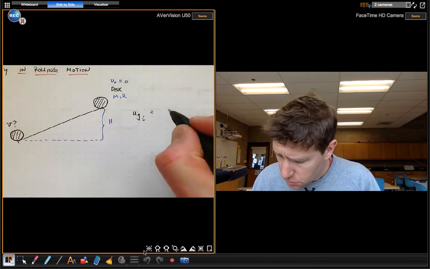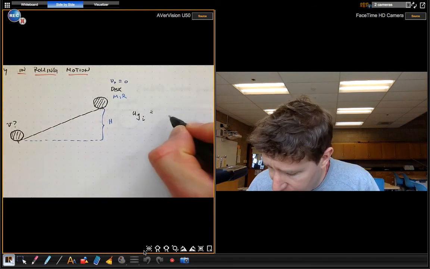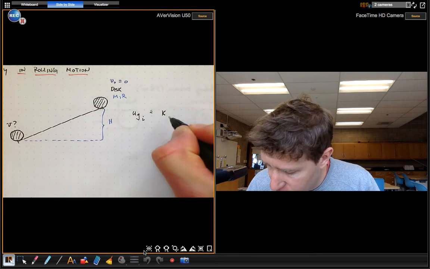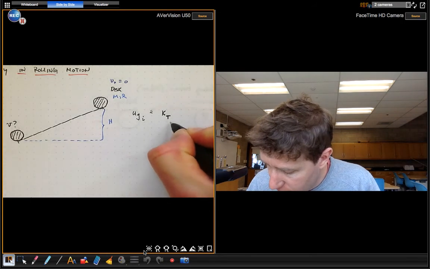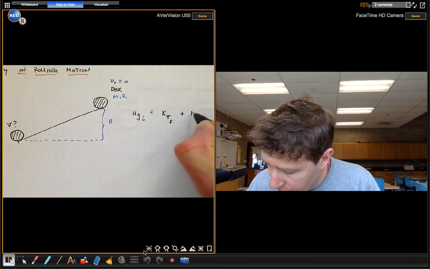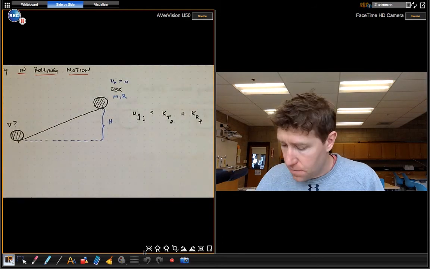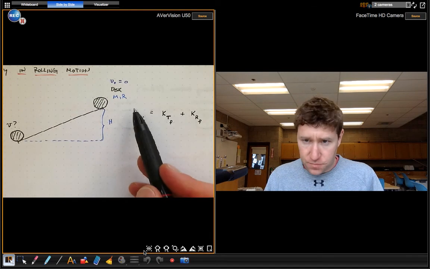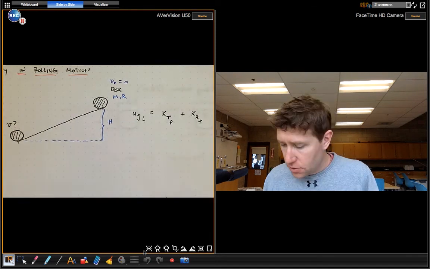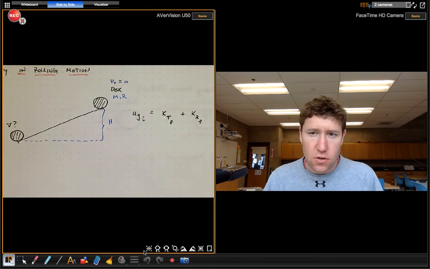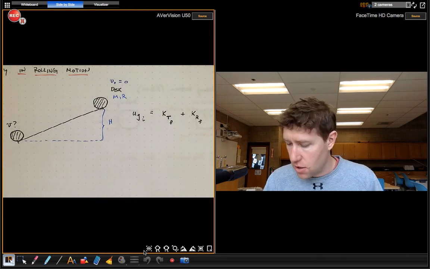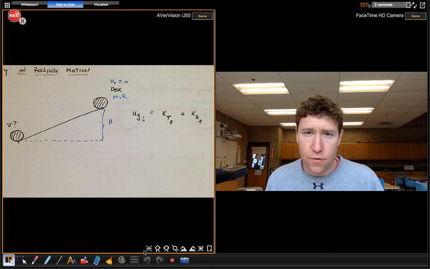So on the right-hand side, I have to say kinetic energy of translation final plus kinetic energy of rotation final. The left-hand side is the initial, all gravitational potential. The right-hand side is the final. There's no gravitational potential energy at the end because its height is 0.